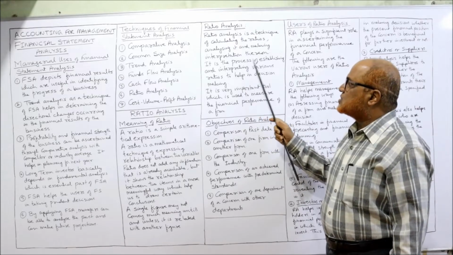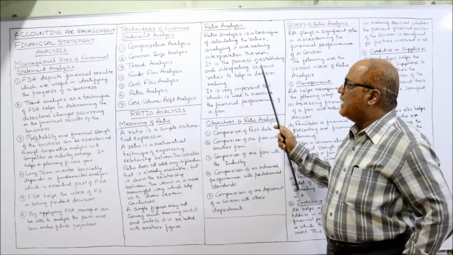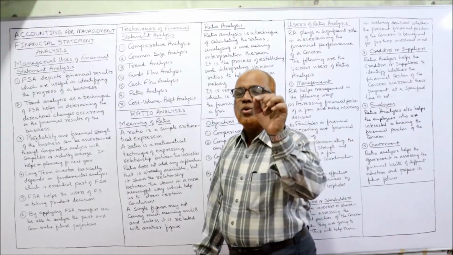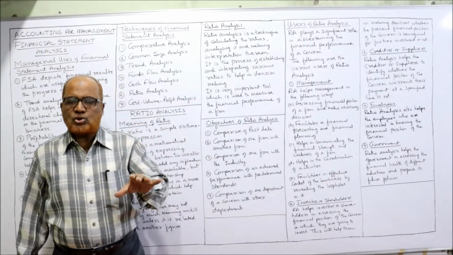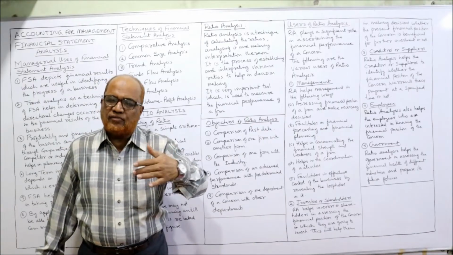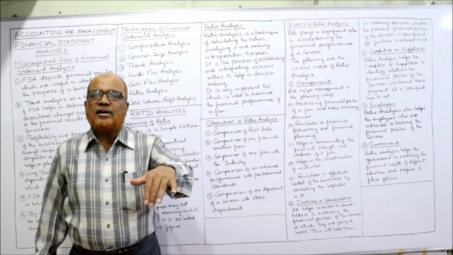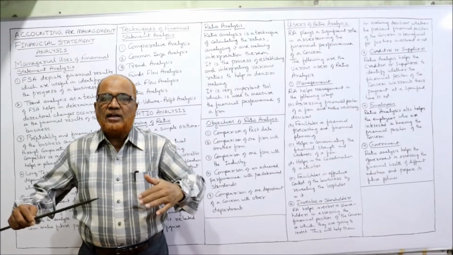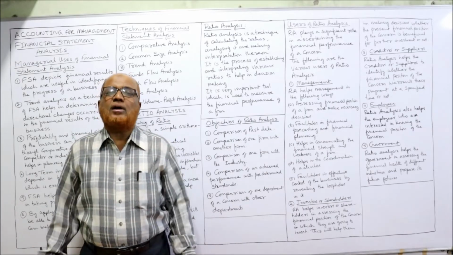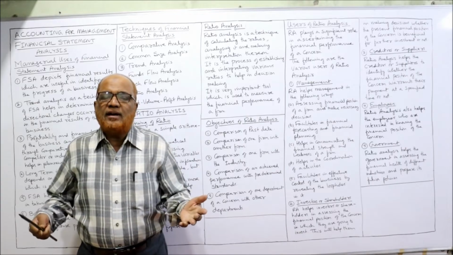It is a process of establishing and interpreting values, ratios to help in decision making. So why do we calculate ratios? First of all, we calculate the ratios by making a relationship between different variables. After calculating the ratio, we analyze it. After analysis, we give the interpretation or conclusion. Why do we give the interpretation?